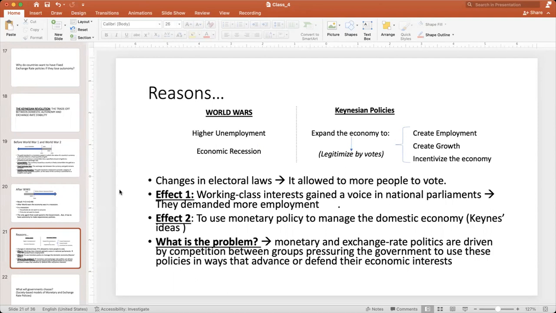So the government is not using the monetary and exchange rate policies as a control of the economy, but more to satisfy demand. So this is the problem.